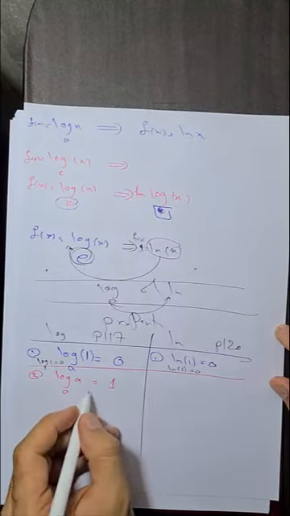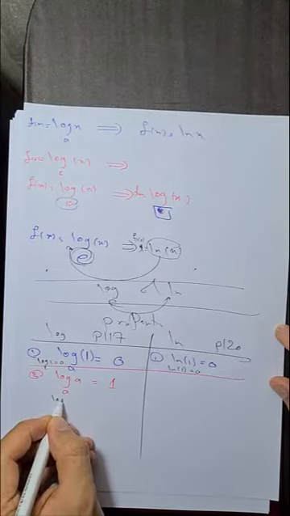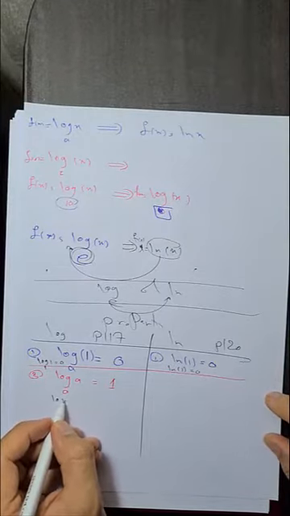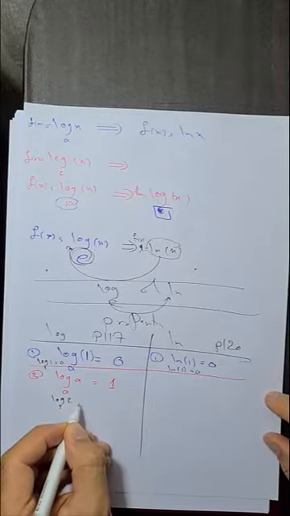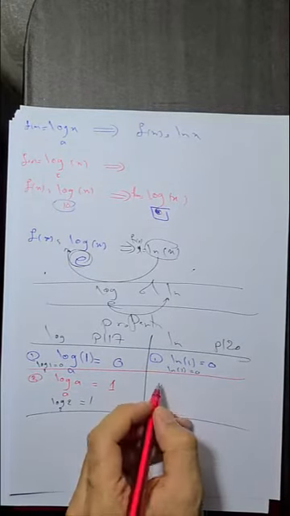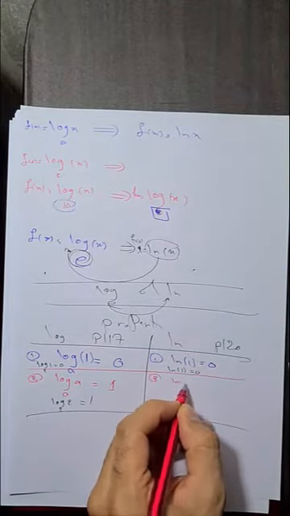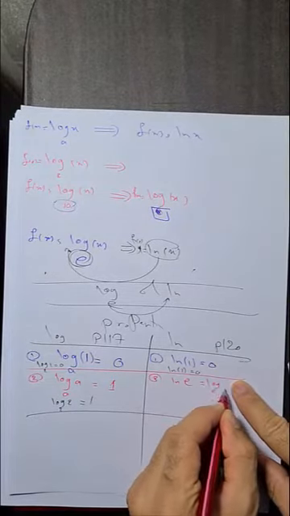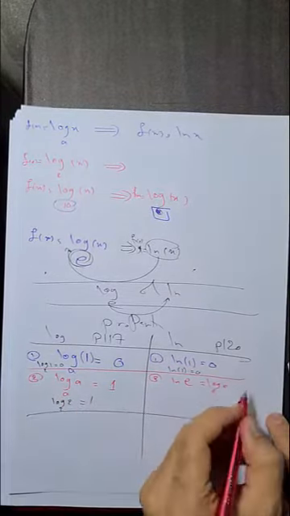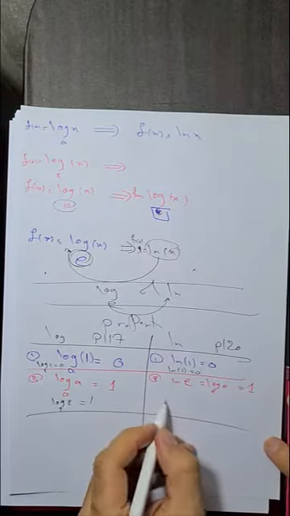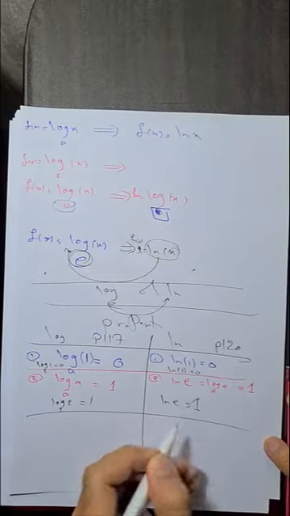So about the example here, if I say log base 2 of 2 is equal to 1. How about here? Here the same, ln of e, which is equal to log base e of e, they are the same, is equal to 1.